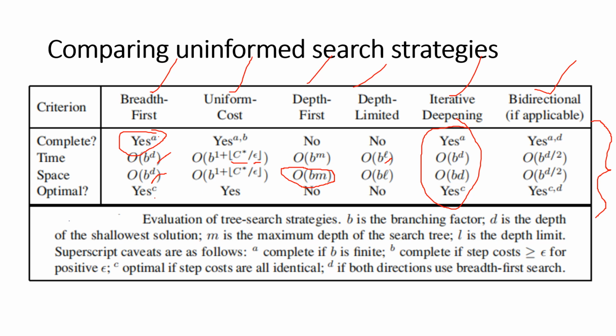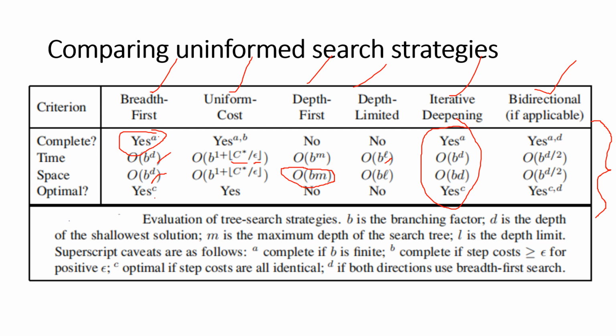And here it is optimal, yes, if both directions, that means forward search and backward search, both use BFS. So it searches from both start and goal.